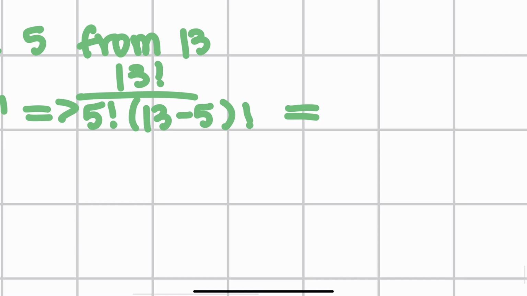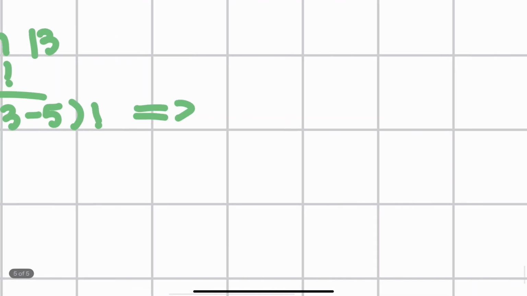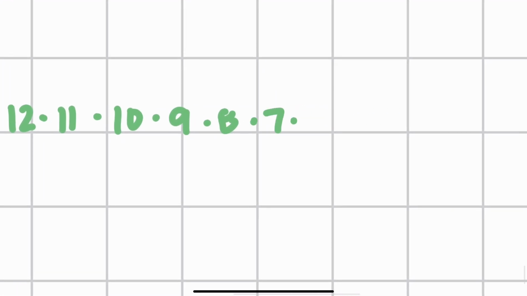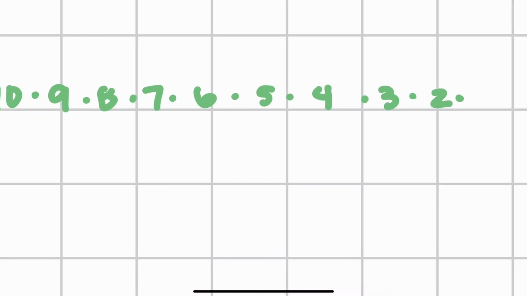And when I say factorial, I mean 13 times 12 times 11 times 10 times 9 times 8 times 7 times 6 times 5 times 4 times 3 times 2 times 1.